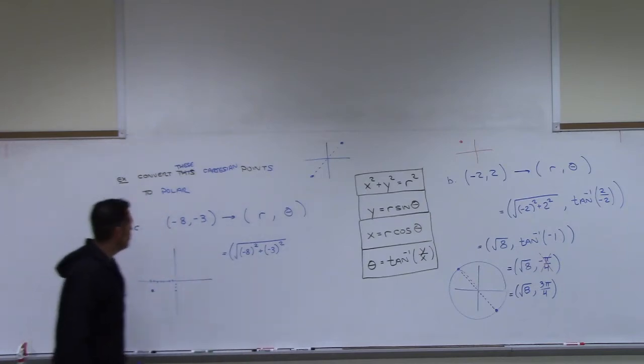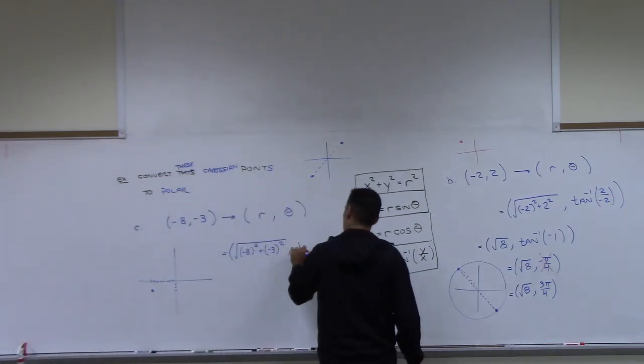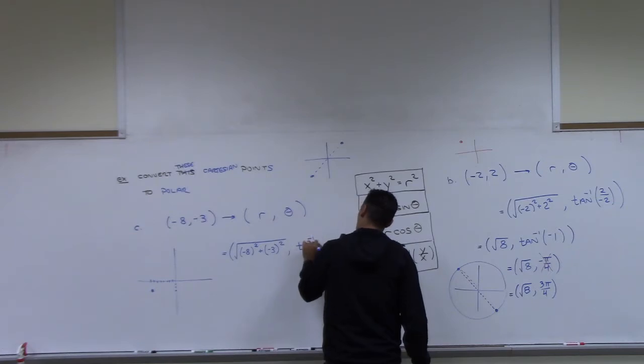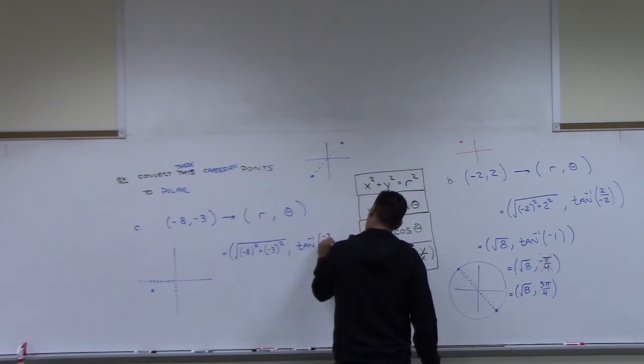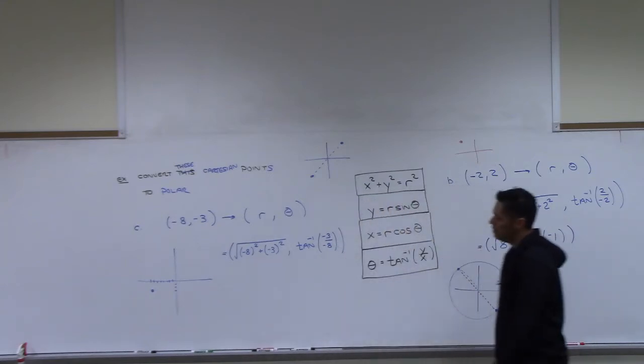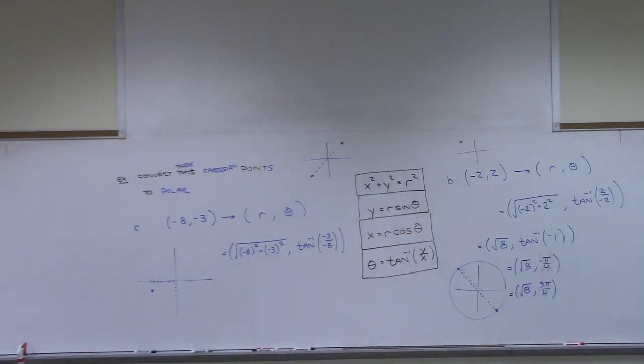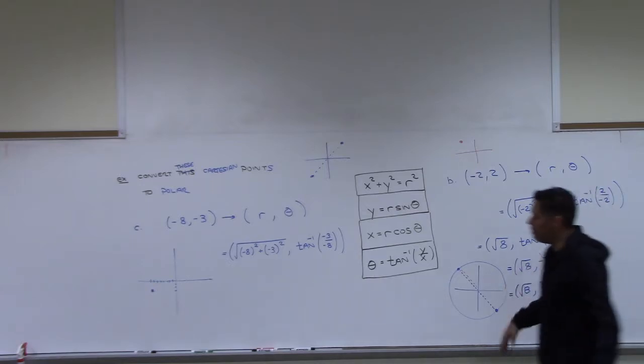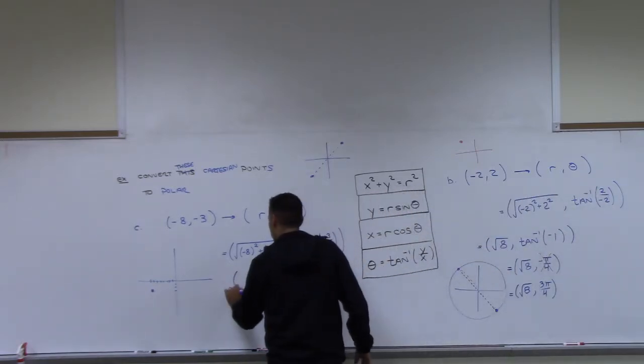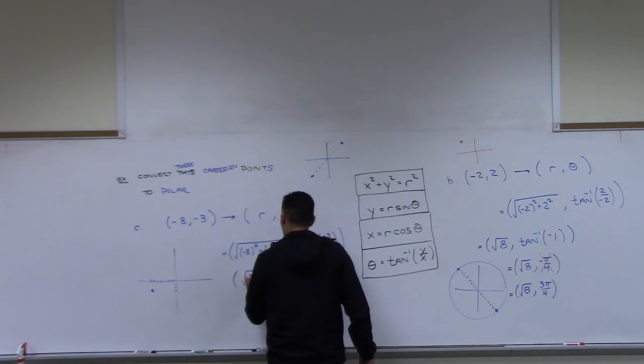And then we have to do arctangent of negative 3 over negative 8. So 64 plus 9, right? 73, root 73, whatever that is, we'll just leave it as root 73. That's how far we're going to walk out.